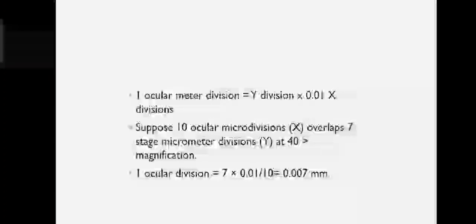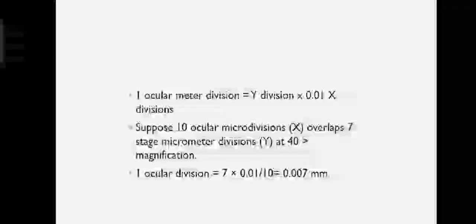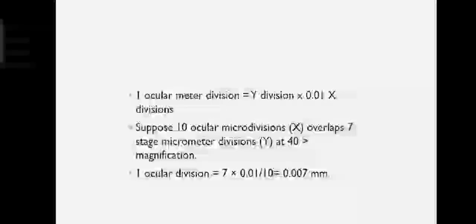For example, suppose 10 ocular micrometer divisions overlap 7 stage micrometer divisions at 40 magnification. One ocular division is equal to 7 × 0.01 divided by 10, which is 0.007 mm.